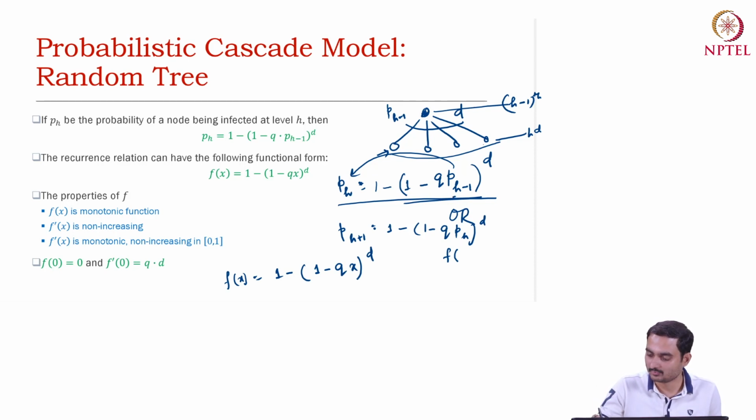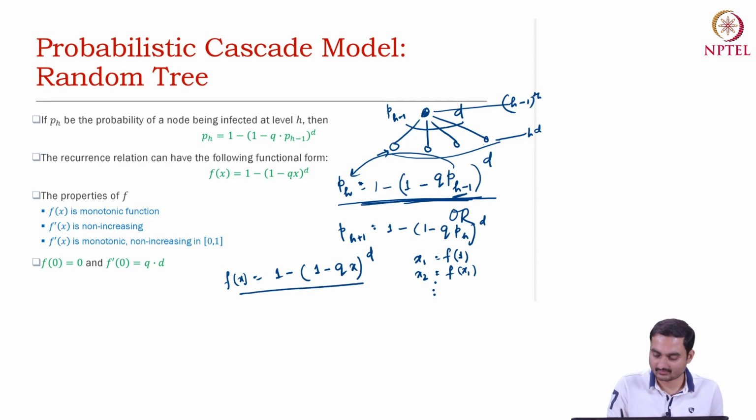So then you put 1 here, this is your f1, this would give x1. In the next iteration you put f of x1, you will get x2, and so on and so forth.